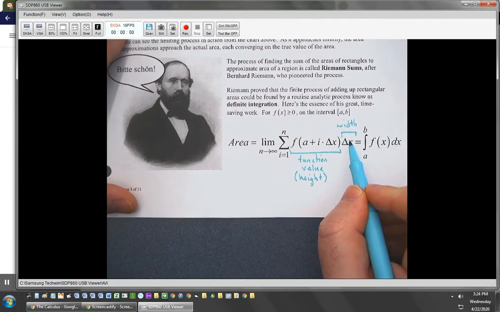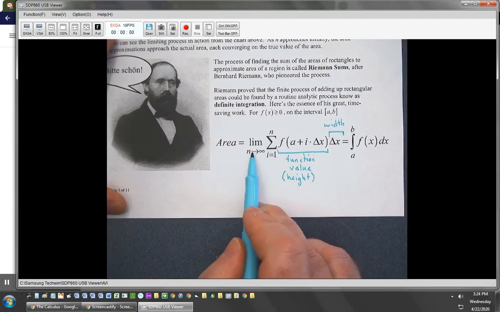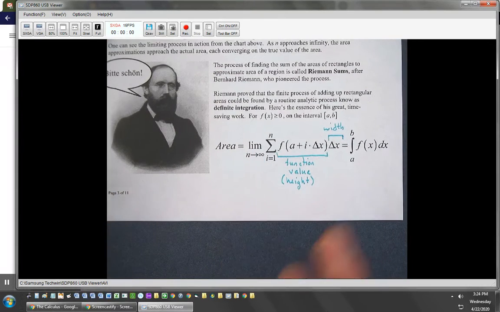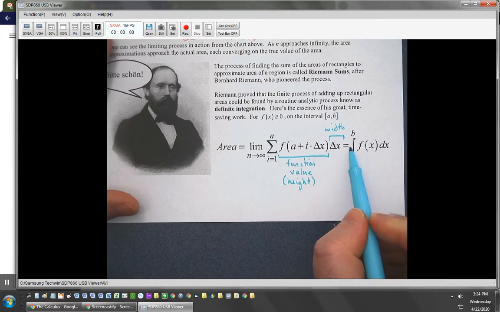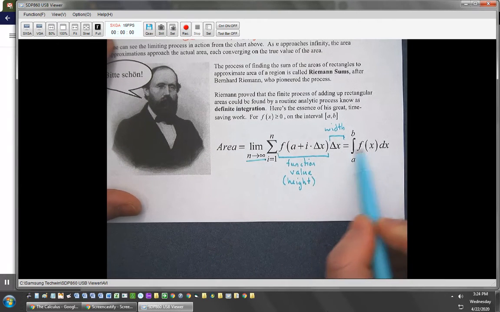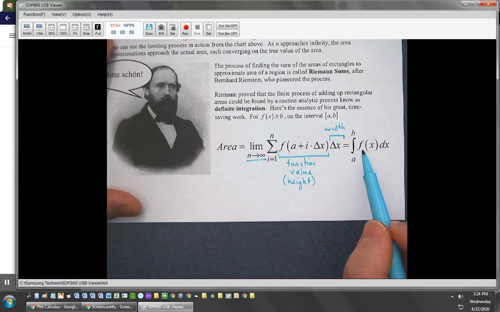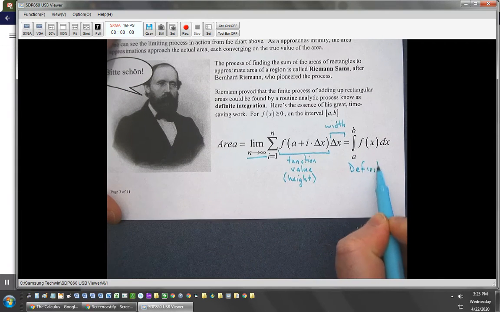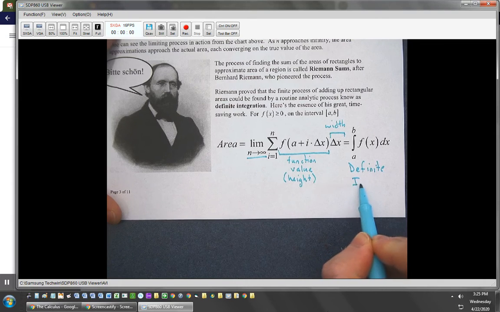Now, as we make n bigger and bigger, as we do this more and more often, in other words, if we make more and more rectangles, the closer we'll get. If we could do it infinitely many times, we would then get the exact area under the curve, which is what we call a definite integral.